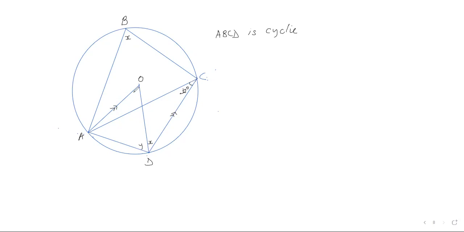This must be twice this angle here at the center of the circle. Angle O must be 64 because the angle at the circumference is half the one at the center. The one at the center is twice the circumference.